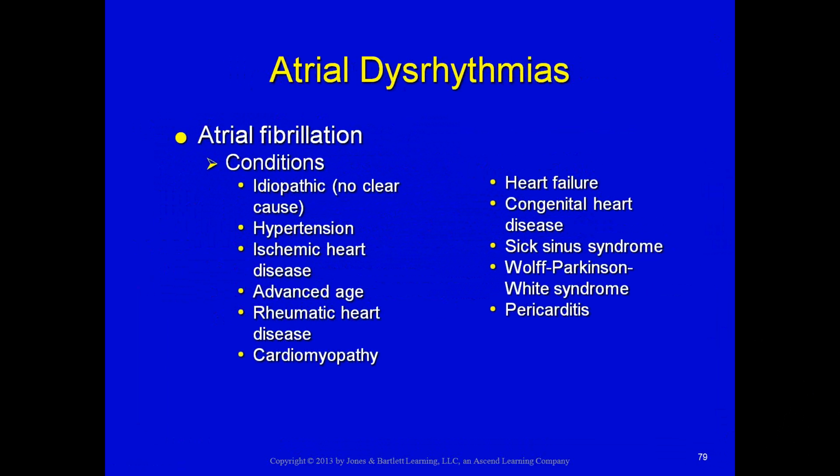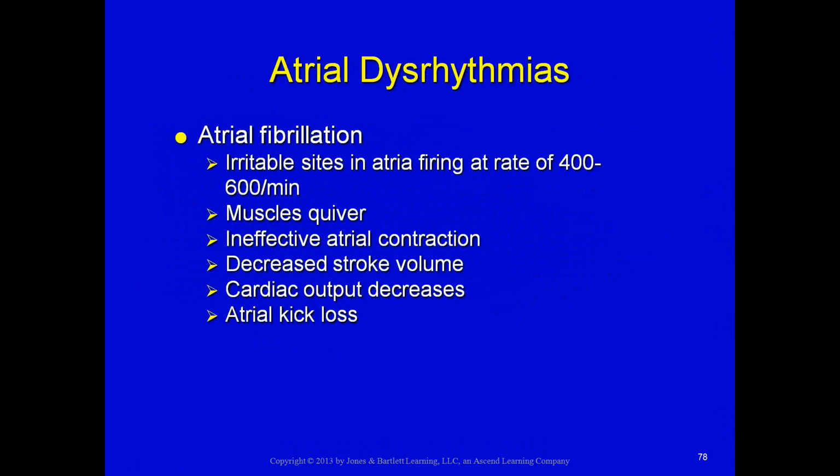And the other big problem with AFib is that because those atrium aren't contracting, blood just kind of swirls around inside the atrium. And as it swirls around inside there, it actually stagnates and settles, and clots are developed.